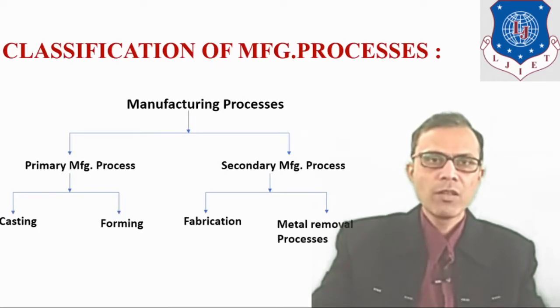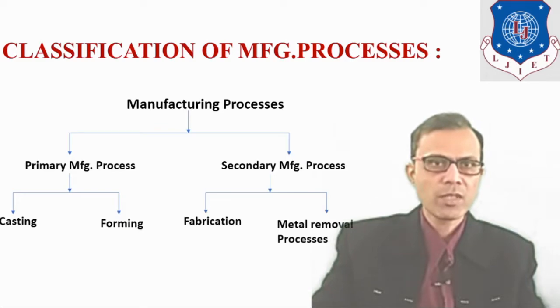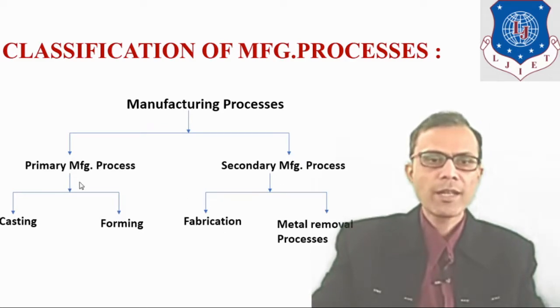Now let's see what are the different types of manufacturing process, or the classification of manufacturing processes. Broadly, they are classified in two categories, that is primary manufacturing processes and secondary manufacturing processes. In case of primary manufacturing processes, no metal removal or machining operation is involved.